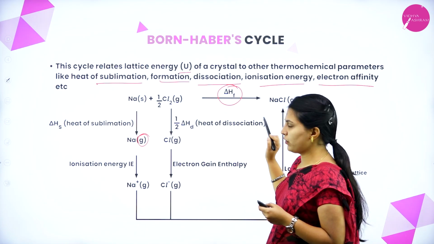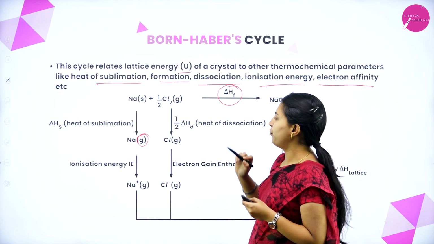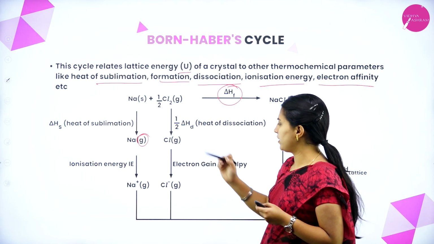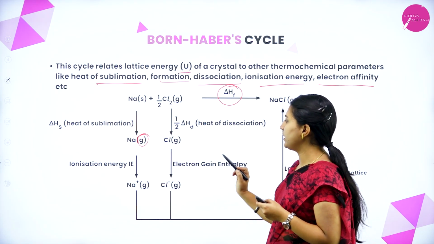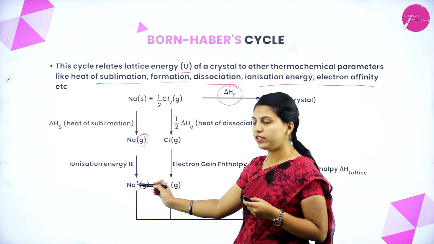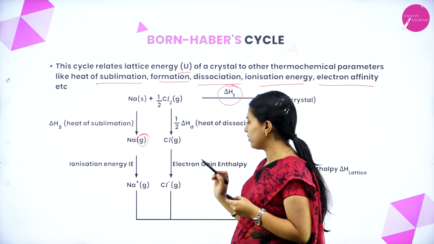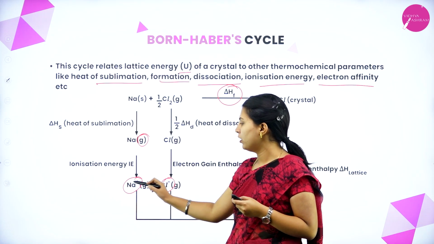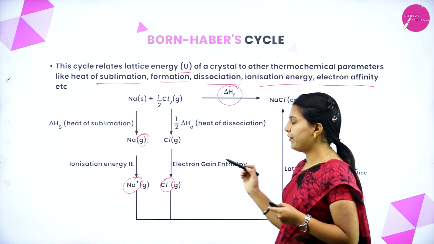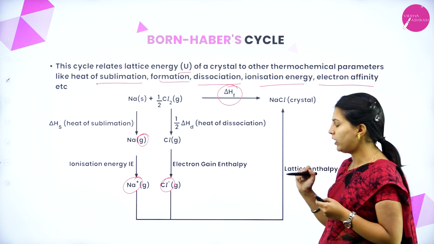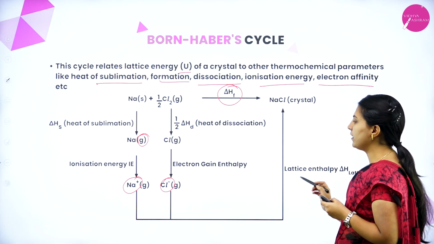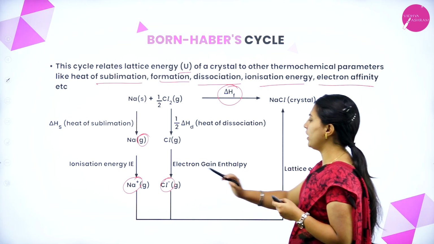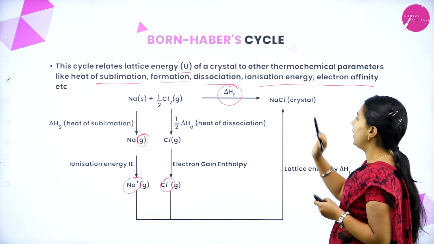In the heat of dissociation it also converts into the gaseous state. Next is electron gain enthalpy. Sodium loses its electron, chlorine gains an electron, so it will form an anion and a cation. From the anion and cation an ionic compound forms, and by using lattice enthalpy these two ions form a crystal.